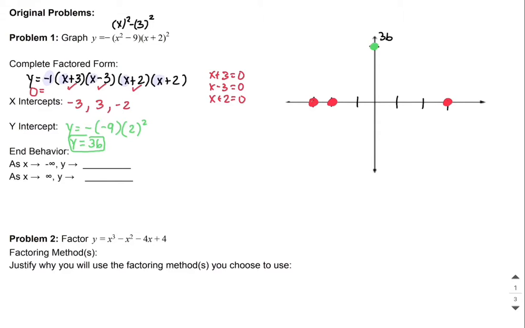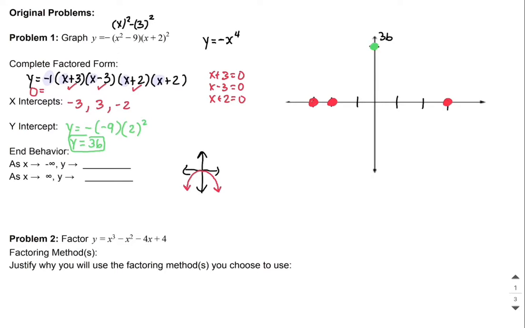So I end up with y is equal to x multiplied together 4 times, so x to the 4th power, and then I have that negative 1 in front. So the end behavior here is going to model y is equal to negative x to the 4th power, which I know as I go to negative infinity for x, I'm going to negative infinity for y. As I plug in higher and higher positive values, I'm going to get out smaller and smaller numbers. So as I go to the right, I'm going downwards as well.